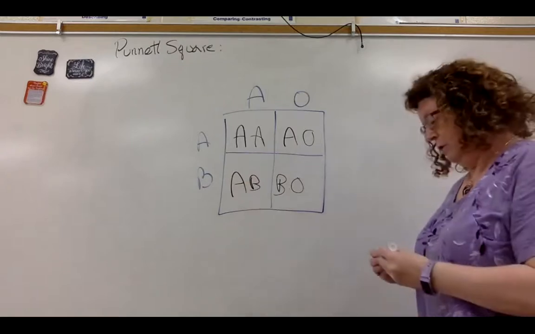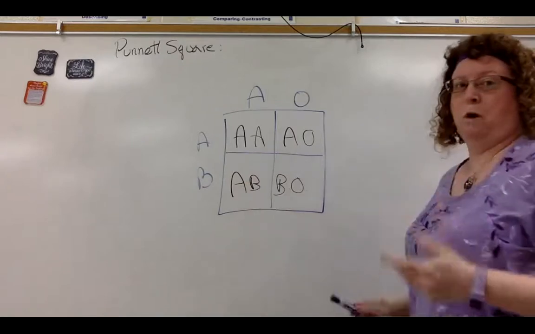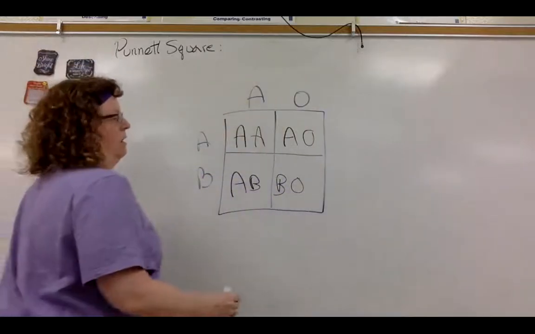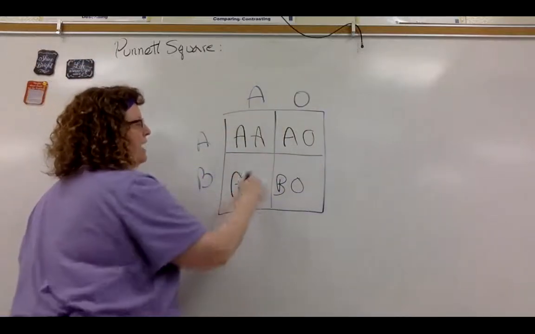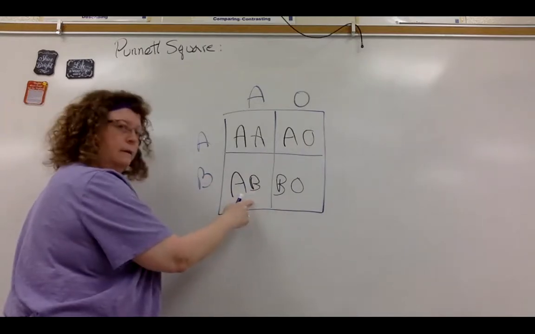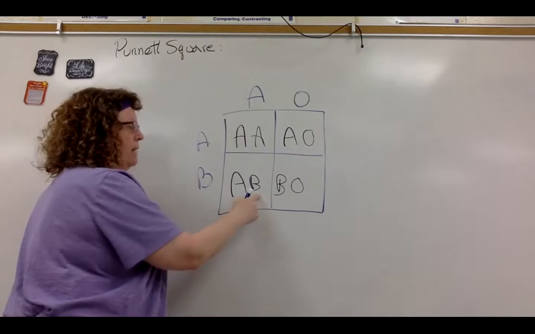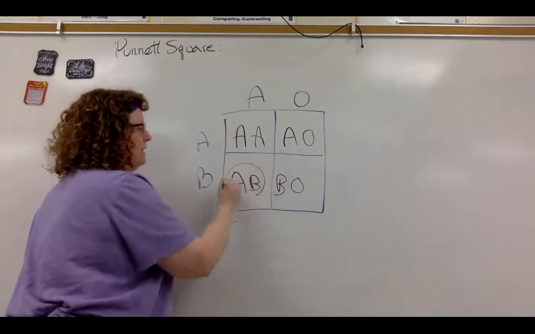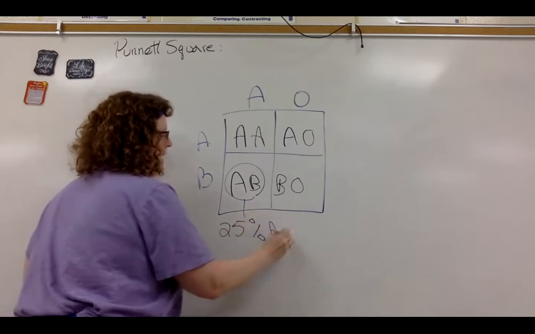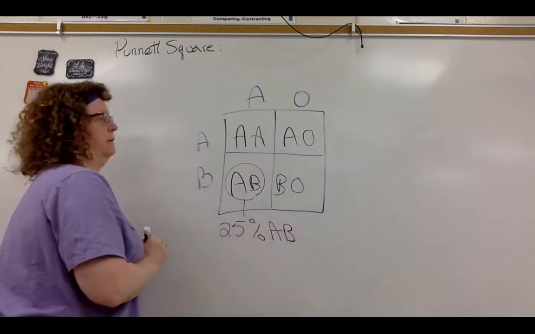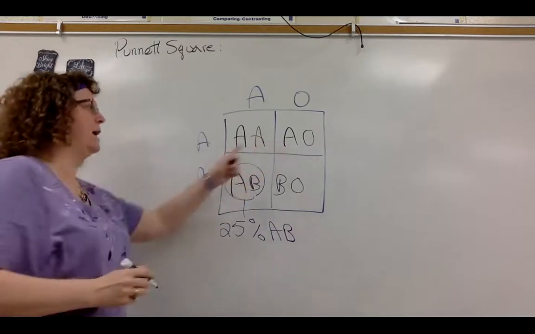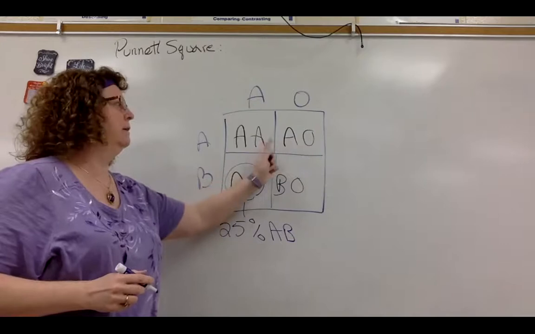Okay. So what are these blood types going to be? So there's 3 boxes with A's in them. But is this going to be blood type A? Nope. So that's AB. And that's the only one that says AB. So that's going to be 25% AB blood. These 2 have A's in them also. What kind of blood type are they going to be?